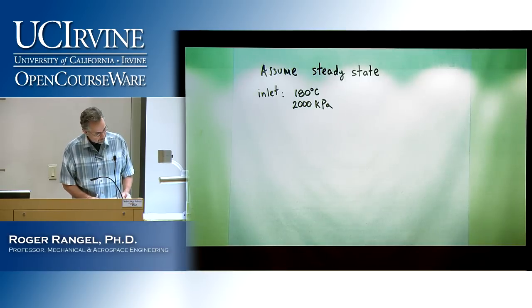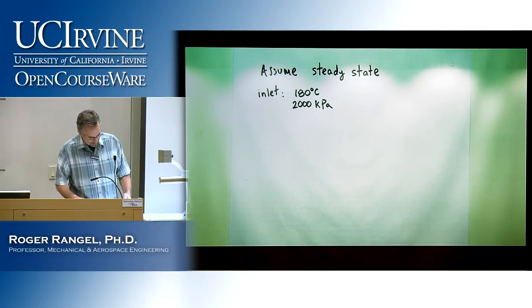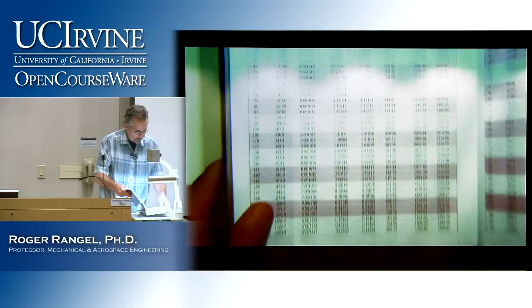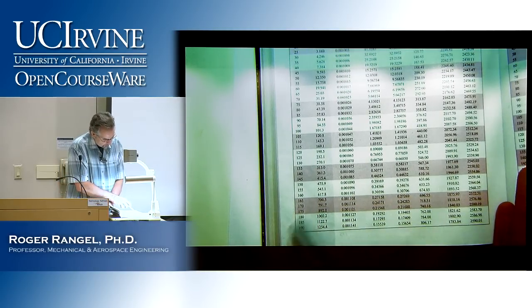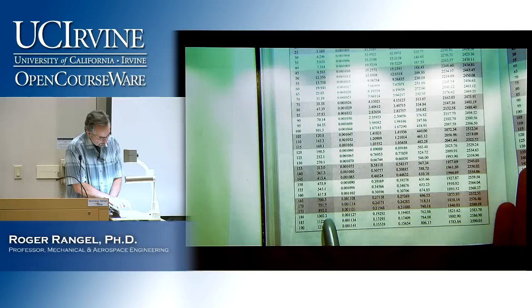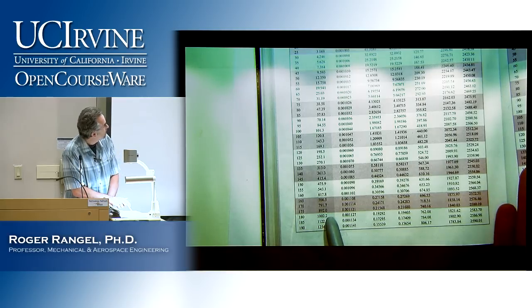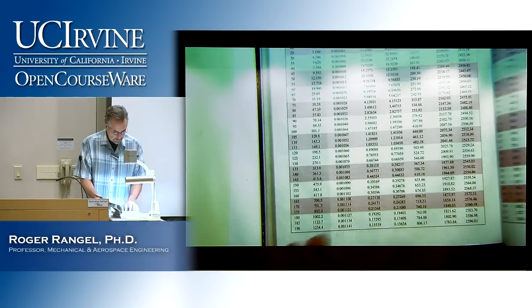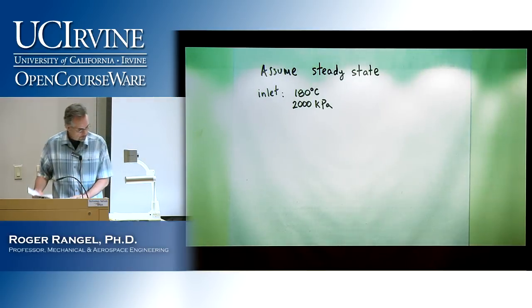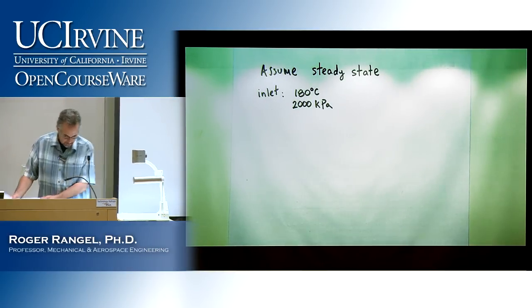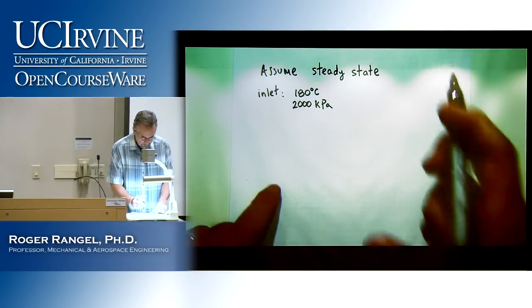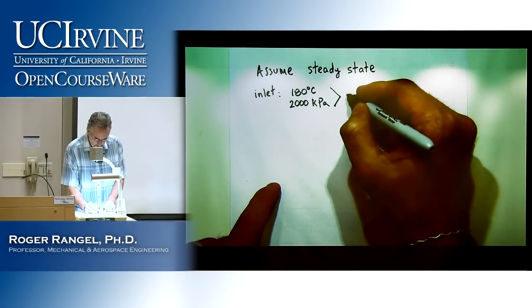For example, if you didn't know, you would go into the table at 180 Celsius and find that the saturation pressure is 1,002.2 kilopascals. And our pressure is higher, so that means that this is compressed liquid. So now we know that this is compressed liquid.